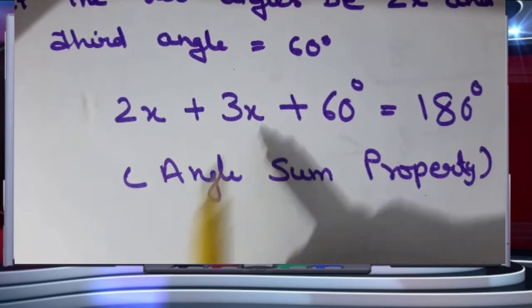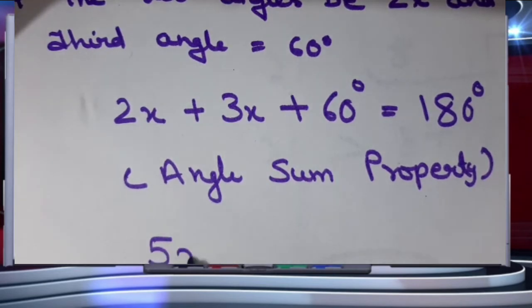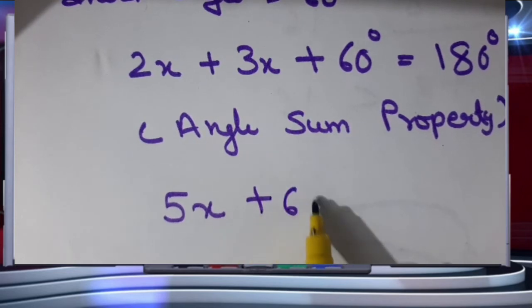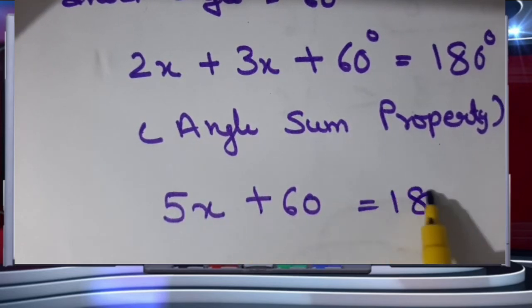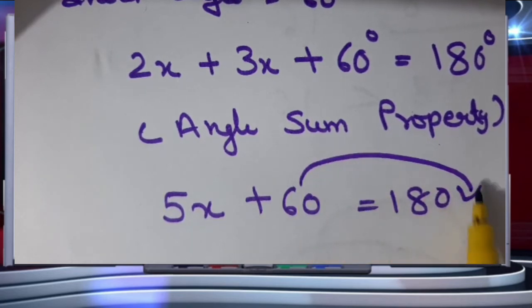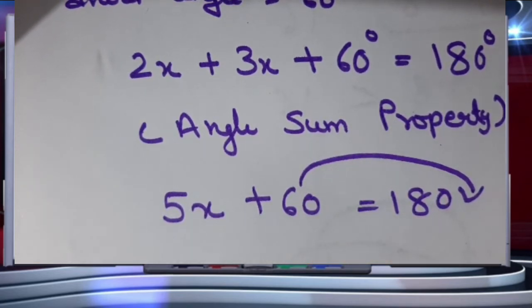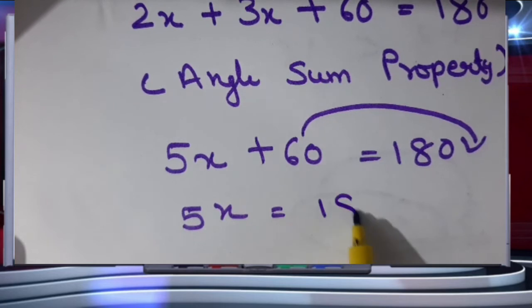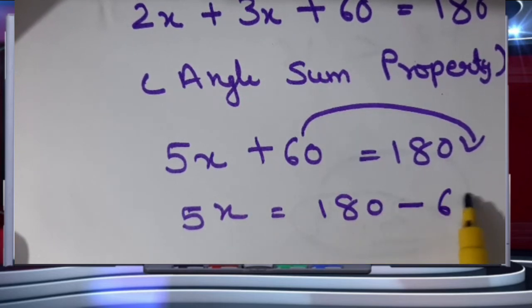Now 2x plus 3x is 5x. And now 5x plus 60 is equal to 180. Now I will shift this 60 from the left hand side to the right hand side. So the sign will change. Here it is having a plus sign, so when it changes its side, it will become minus.